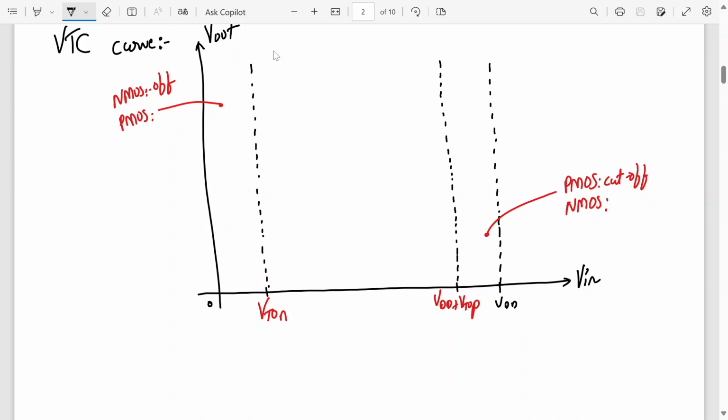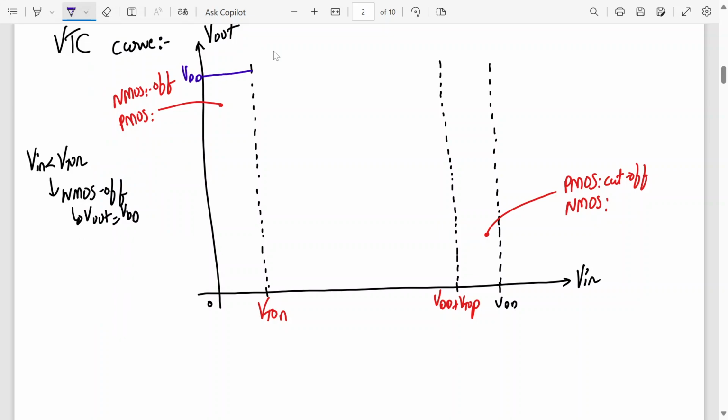Yes, so tell me now. For Vin less than VTON, my NMOS will be off, right? Assuming that the transistor is ideal and the leakage currents are 0. So Vout will be equal to VDD, right? So here Vout will be equal to VDD, a line like this.